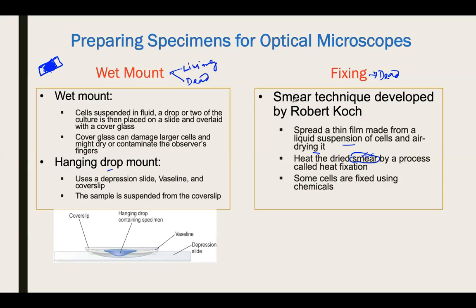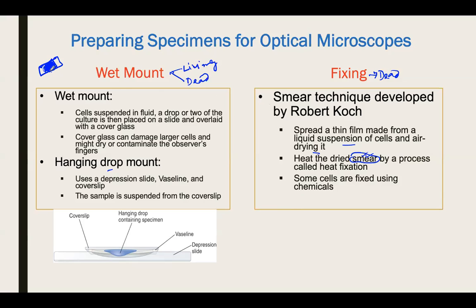If smear is really thick, it would be very difficult to identify the bacterial cell. You cannot see that separate bacterial cell. Basically, all the bacteria will be on top of each other. So you really cannot identify the shape and arrangement of the bacteria. Okay, so making a thin layer, it's very, very important.